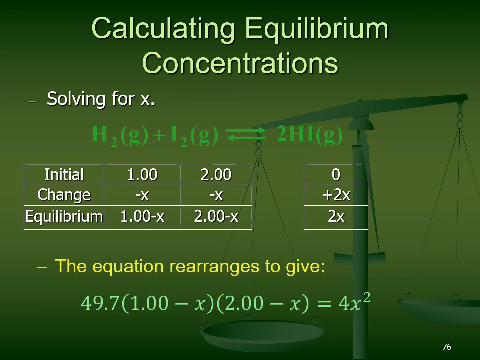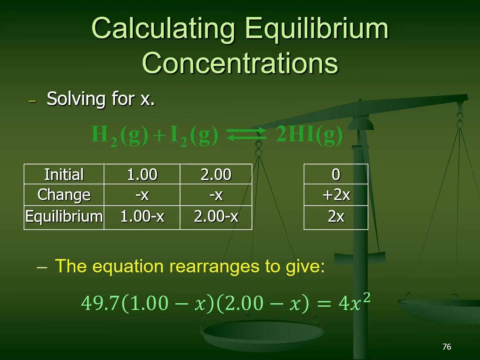All right, so the first thing you want to do is bring everything over. You see that I multiplied by the 1.0 minus x and 2.0 minus x. We multiplied both sides by that, and then I squared out the 2x quantity squared, which becomes 4x squared. So here's our equation.